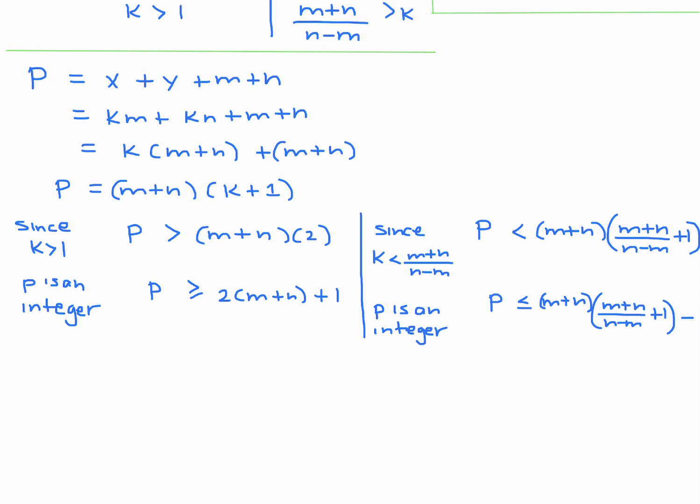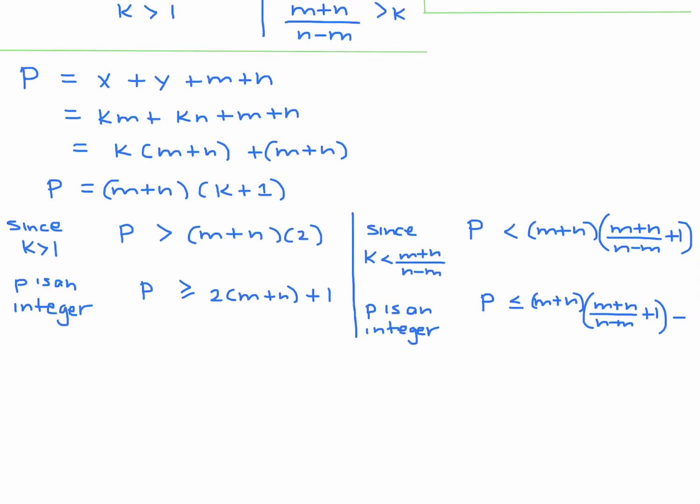So for example, if this was, say, 14 and P is less than 14, P has to be at least 14 minus 1, which is 13. So that's why we put in that negative 1 there. Okay, well, these two things, this one and this one, give me a range.